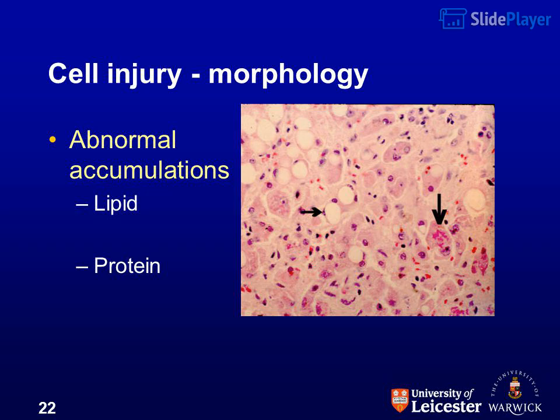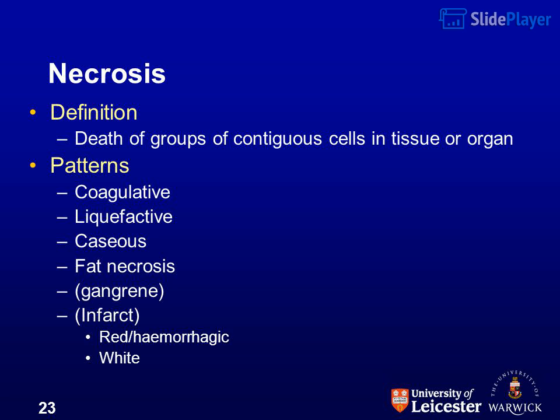Abnormal accumulations: lipid, protein. Necrosis definition: death of groups of contiguous cells in tissue or organ. Patterns: coagulative, liquefactive, caseous, fat necrosis. Gangrene. Infarct.